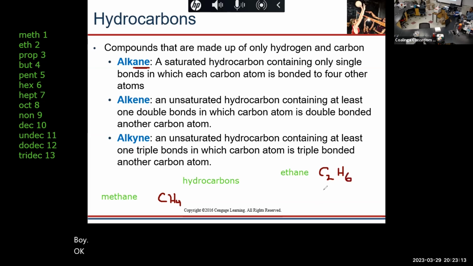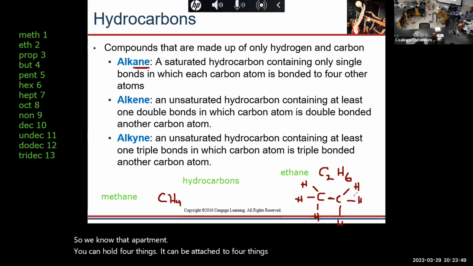So what it's going to look like is two carbons attached. We know that carbon can hold 4 things, it can be attached to 4 things.